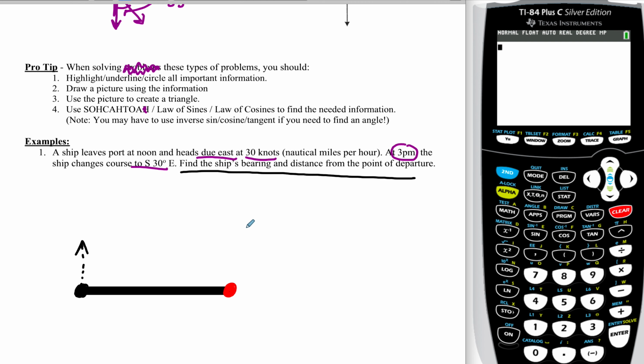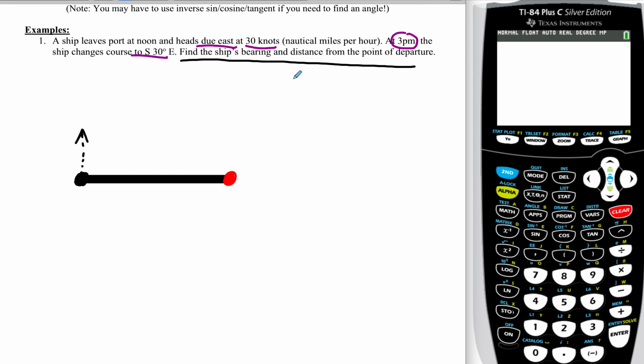So what needs to happen now is that we'll again set up our little diagram here. So we need to go 30 degrees east of south. So here's south, here's east, and so we're going to go 30 degrees east of south, right?